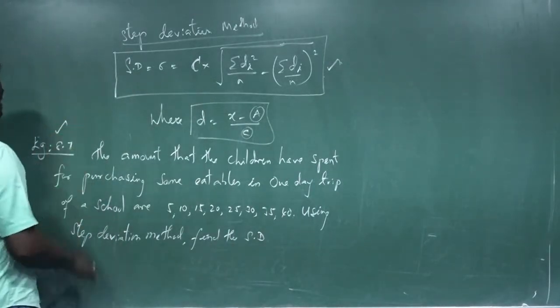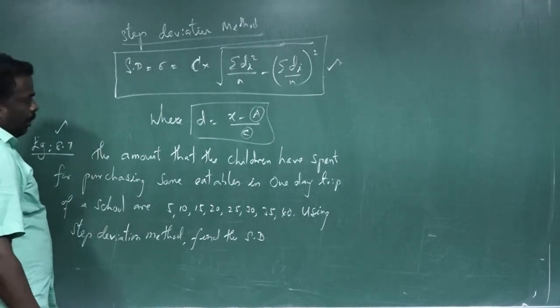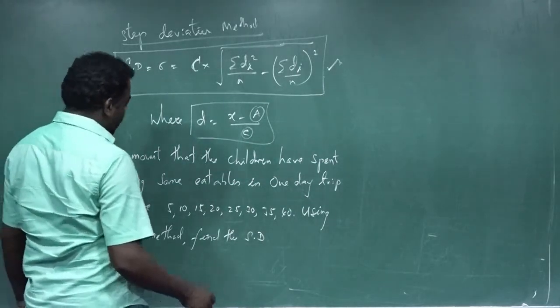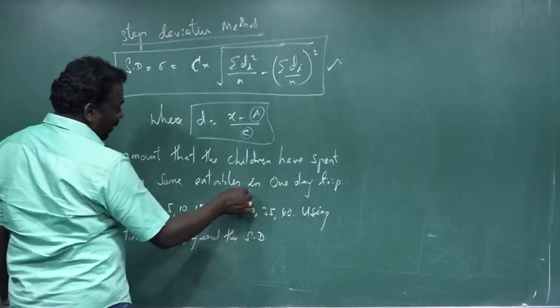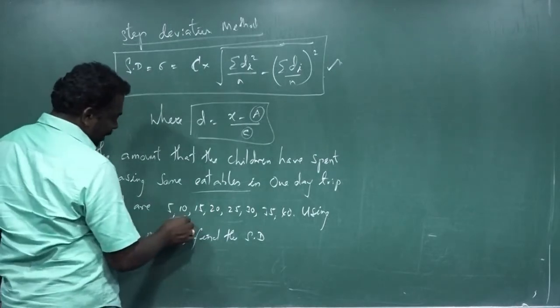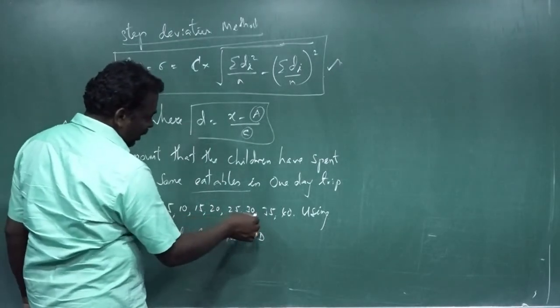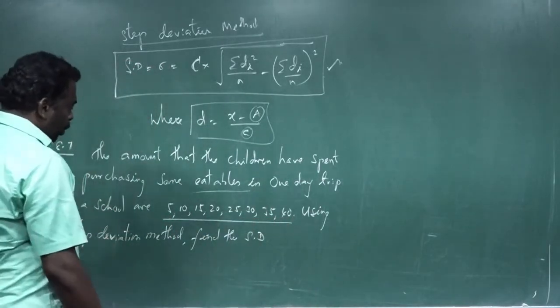And using this formula to solve example number 8.7. The amounts that our children have spent for purchasing some eatables in one day trip, from our schools, are given: 5, 10, 15, 20, 25, 30, 35, 40. The ungrouped data is given.